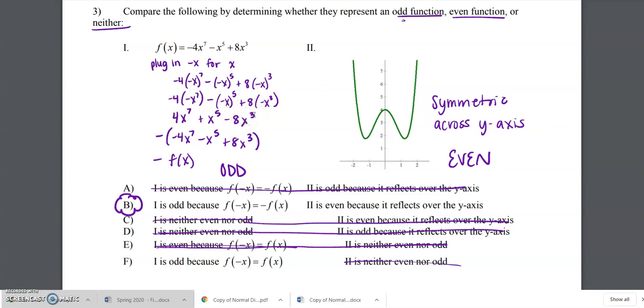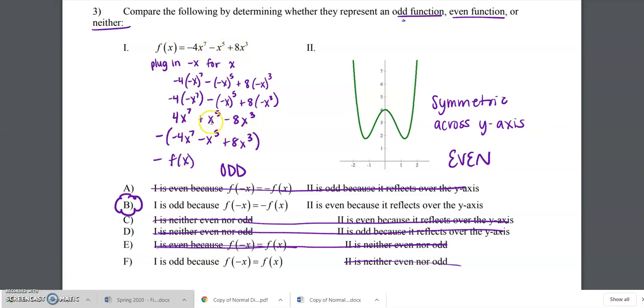Remember, we're trying to get to negative f of x. So if we factor out a negative from all of these terms, we end up back where we started, which is negative 4x to the 7th, negative x to the 5th, plus 8x cubed, which is our original function.